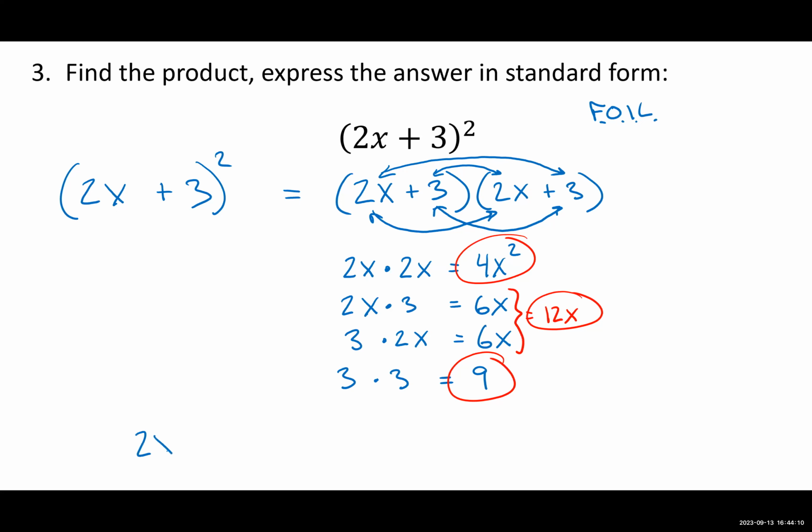So 2x plus 3, all of that raised to the second power, is equal to 4x squared plus 12x plus 9.